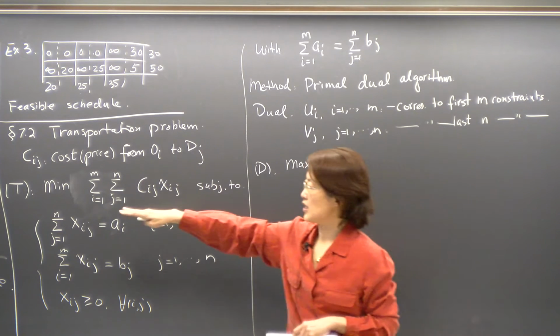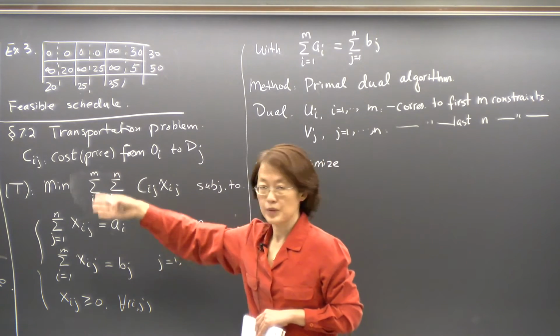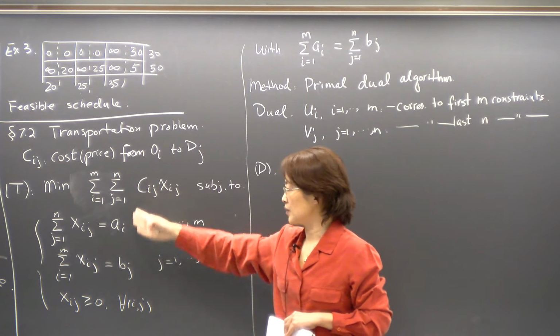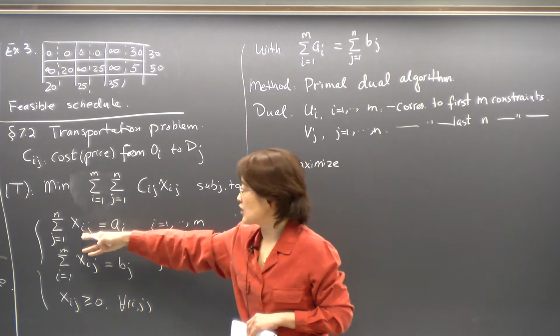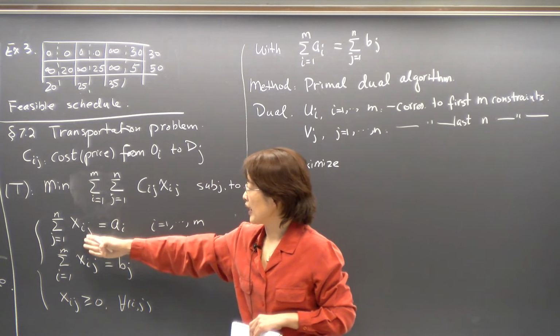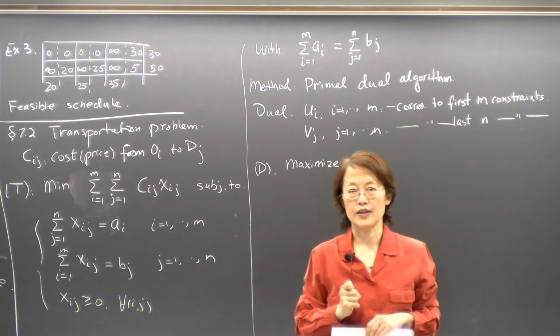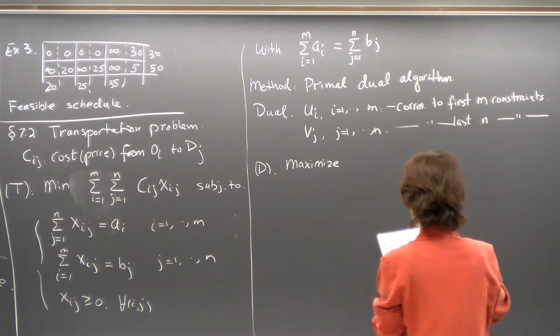You multiply each equation by ui, and then you add them up vertically. The cost function will be added up vertically, the constant part here. And then each xij will be added up, and you will have a constraint bounded by the coefficient there. We remember the dual? So I will be maximizing.